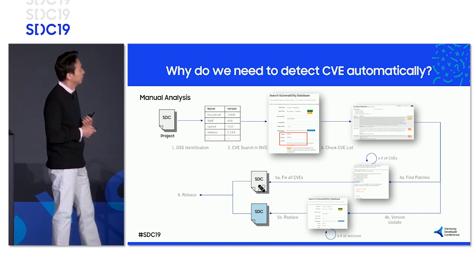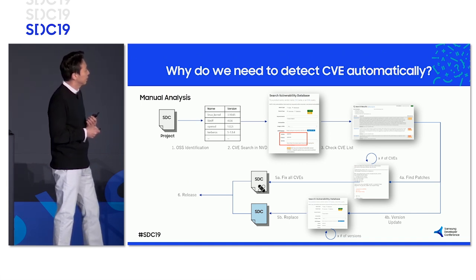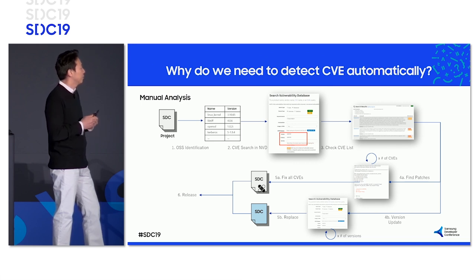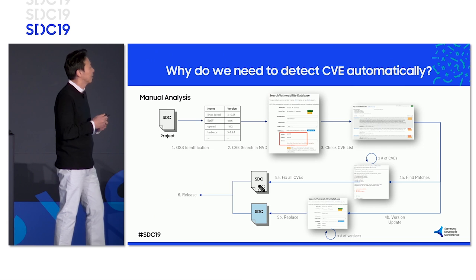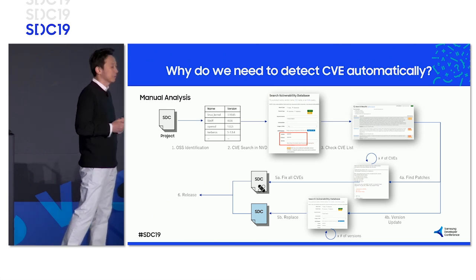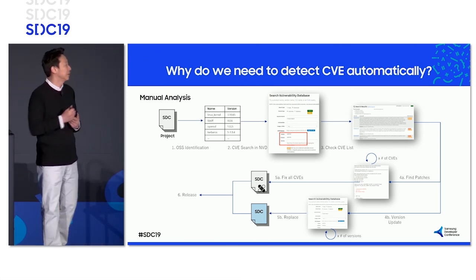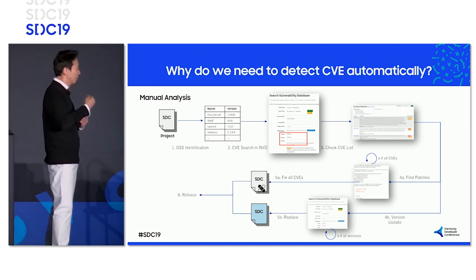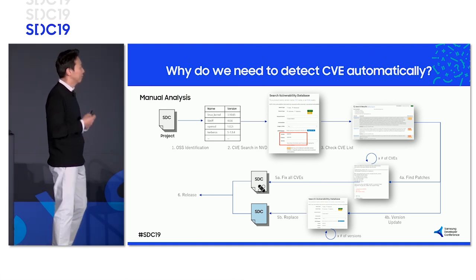Then they have to decide whether to fix it in their open source version or change it with the latest version. Most cases, the latest version has already applied the patched code.